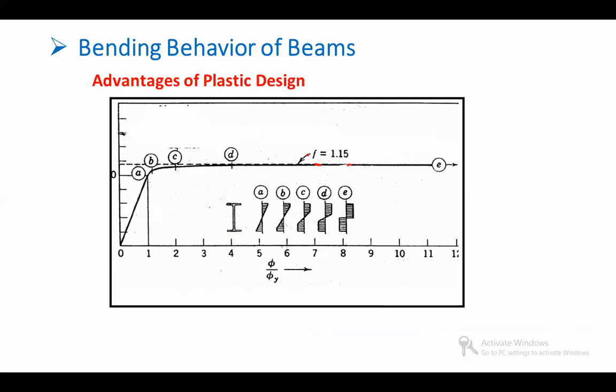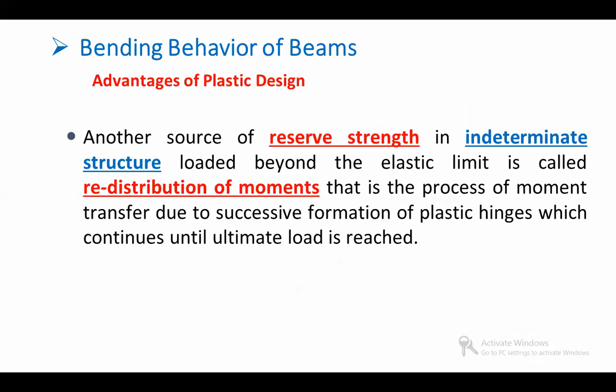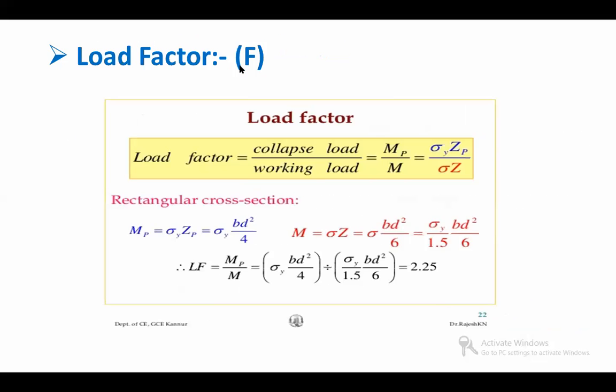Now going towards the load factor. Okay, load factor is nothing but the ratio of collapse load to the working load. Collapse load is nothing but your ultimate load divided by working load, W. Or MP by M. MP is the plastic moment and M is your working moment or elastic moment.